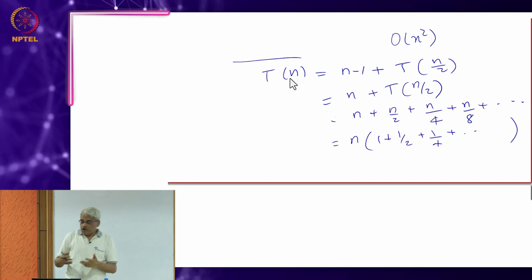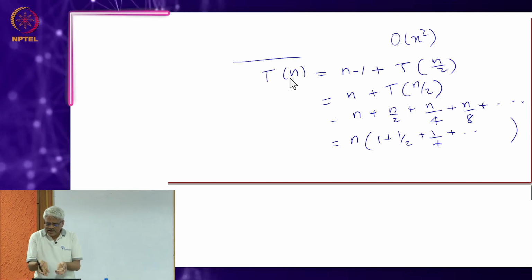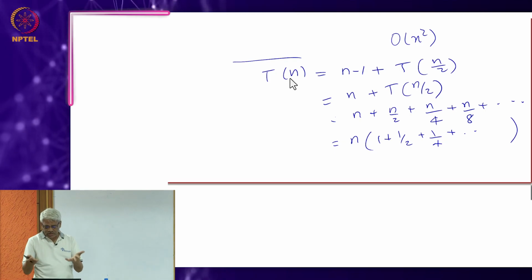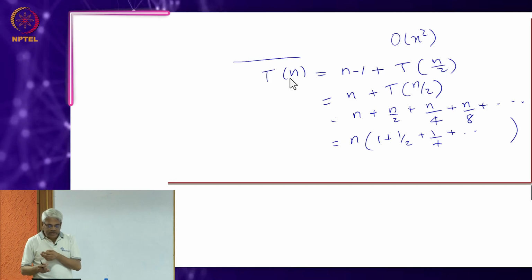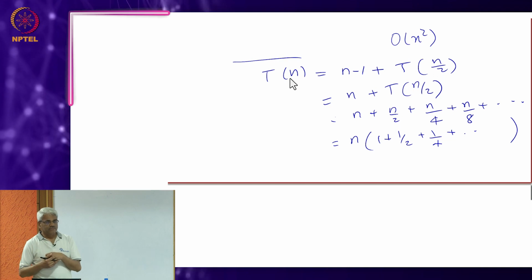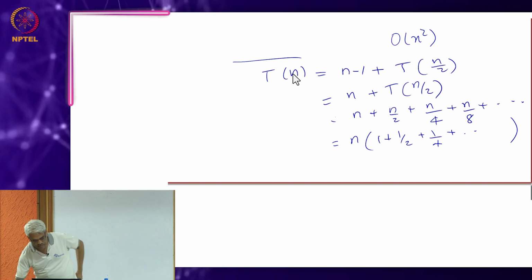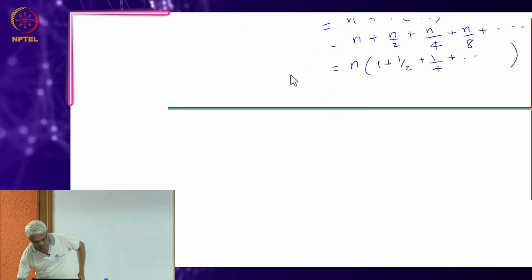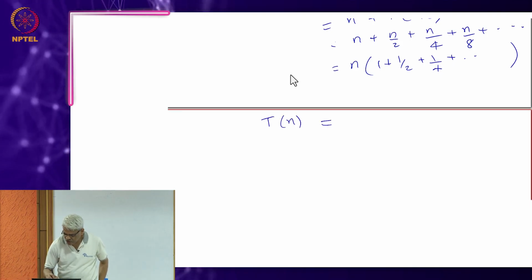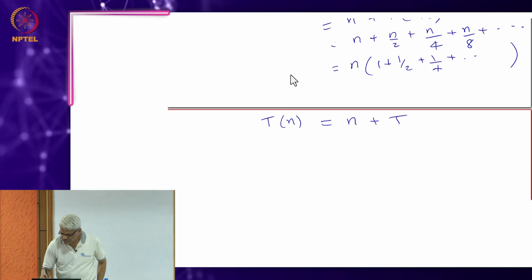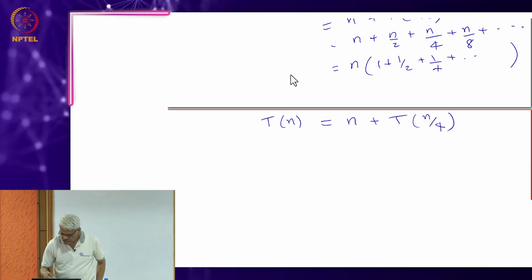Right? So notice that it doesn't really matter n by 2. So if I actually make it n by 4, let's see what happens. Okay. So T of n, I even ignore the n minus 1. So what is this?